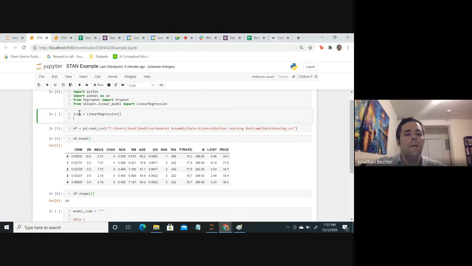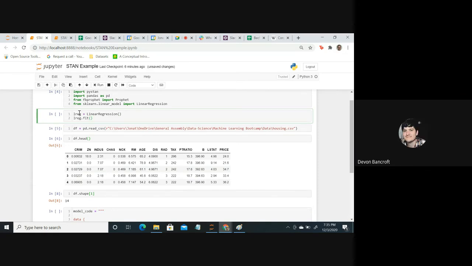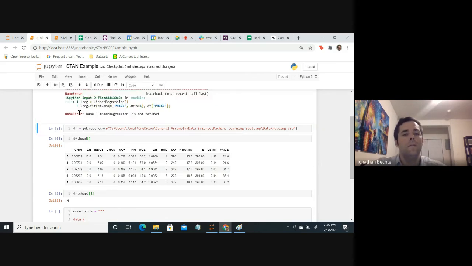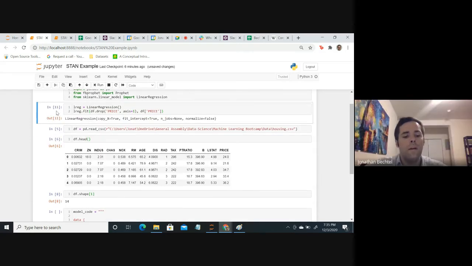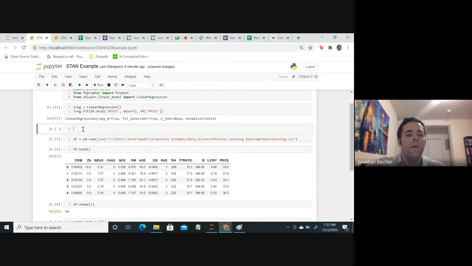All right, so the idea here, very quickly, is an important aspect of linear regression. If you do this, LReg predict X.